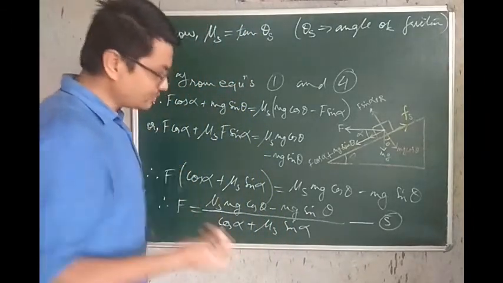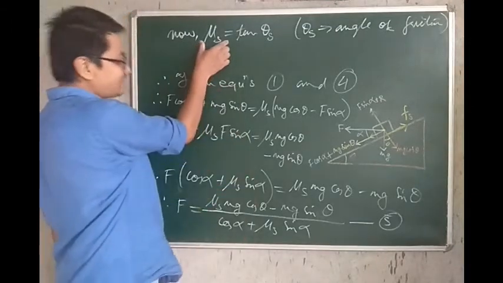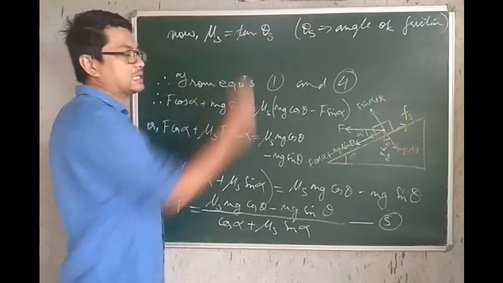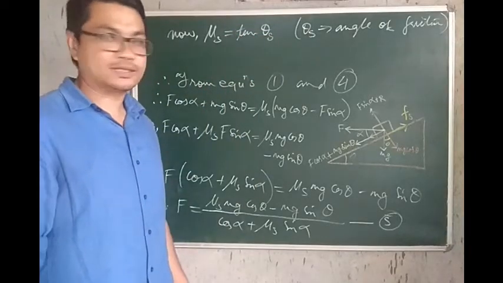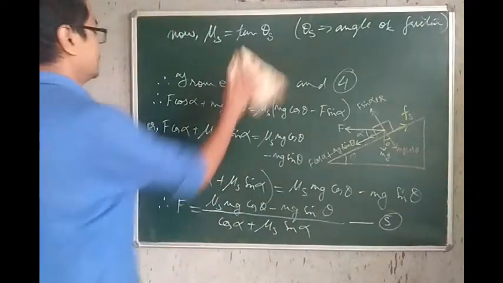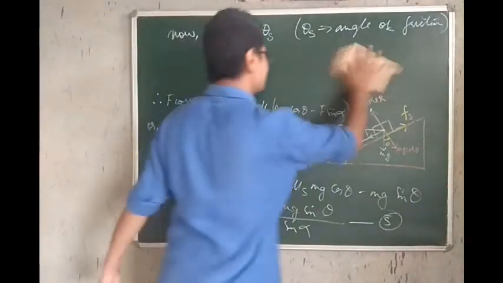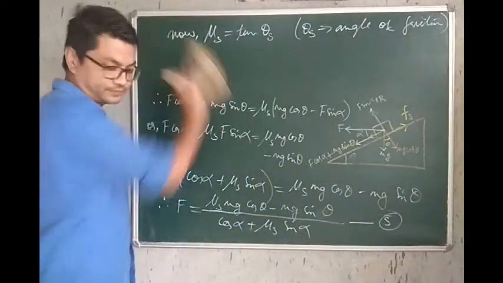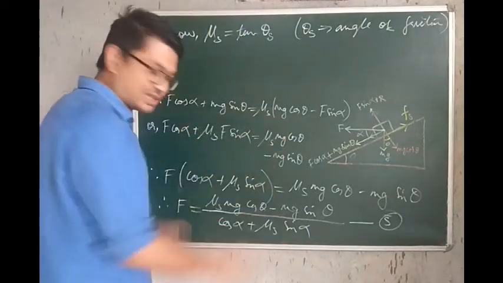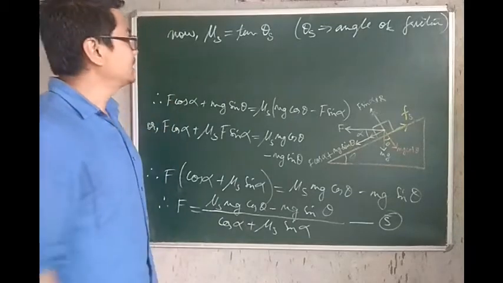Now what we will do is, instead of mu_s in our equation 5, we will rather write tan theta_s. Let me erase this first. I hope you all are following the mathematics and copying it.